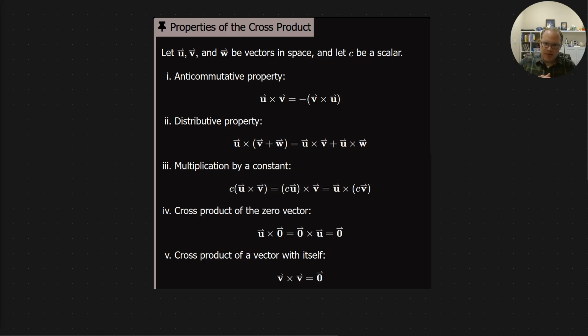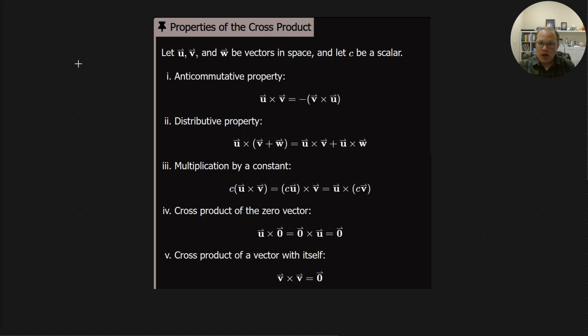Let's think about some of the properties of the cross product. Now, we do call it the cross product, so this is another vector operation that has a lot of similarities to multiplication. But there's one property, and we've already seen it, that is quite different from multiplication. Multiplication is commutative. 2 times 4 is the same as 4 times 2. I can switch things around without a problem.